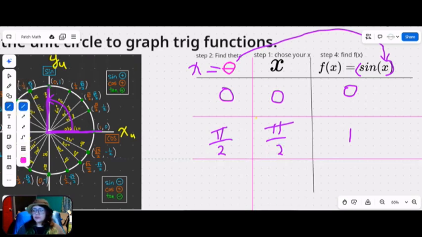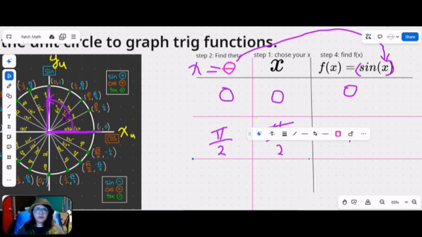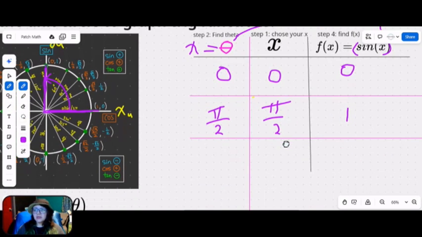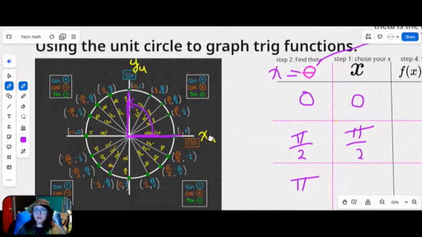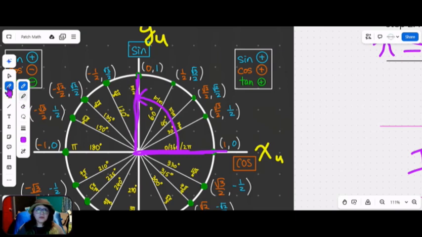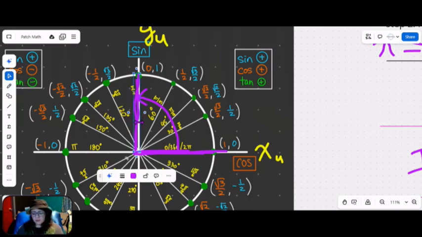Most teachers want you to do max, mid, midline, and a full period or 2. I'm going to do max, mid, midline, and a full period. You're going to go ahead and see me move on to pi. I plug in pi. Well, that means this angle opens even more.